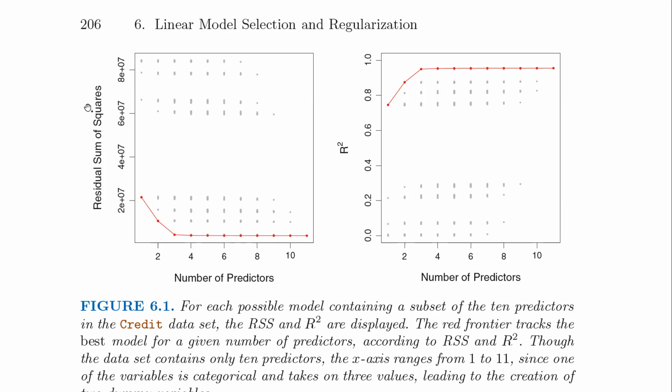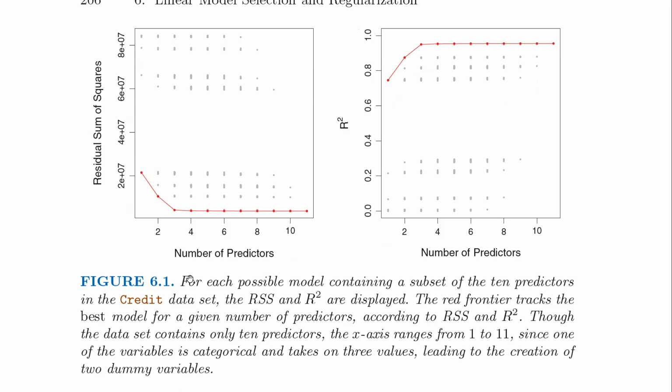You either reduce the residual sum of squares or you increase R squared. For each possible model containing a subset of the 10 predictors in the credit dataset, the residual sum of squares and R squared are displayed. The red frontier tracks the best model for a given number of predictors according to RSS, which you want to minimize, which we know.